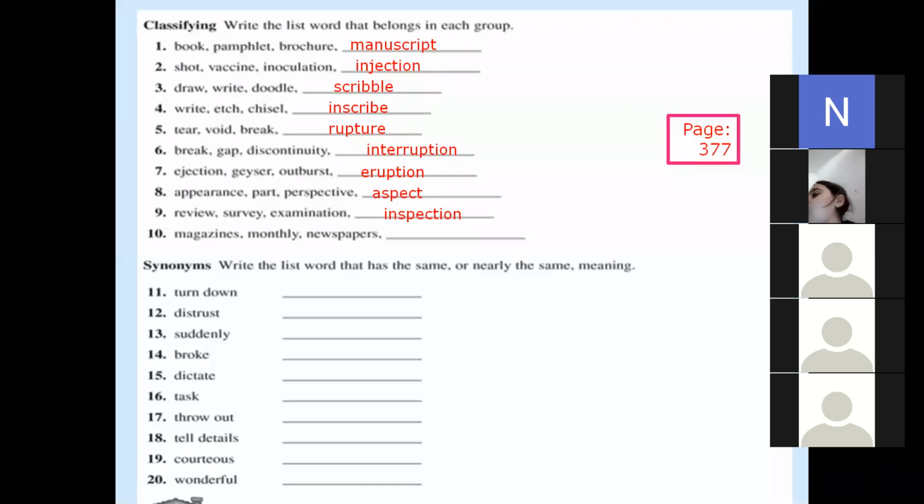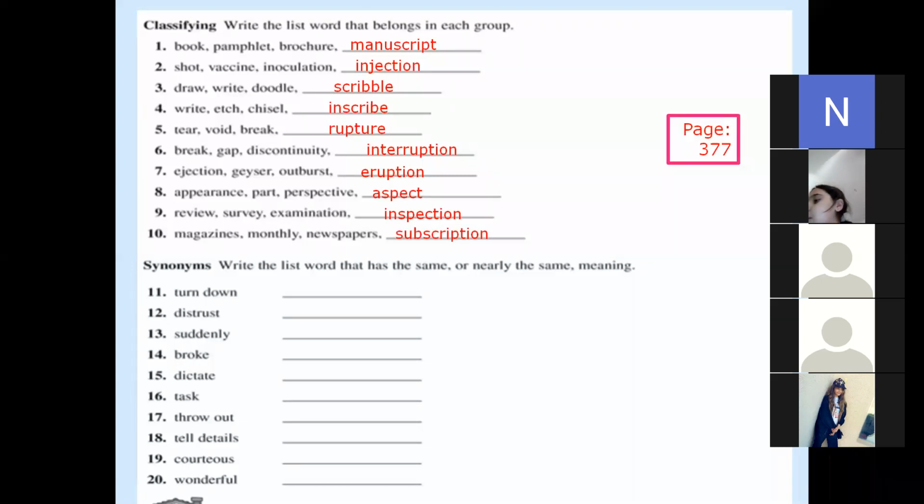Remember the example I told you, the detective, he will what? Inspect the crime scene to examine again. Now, magazine, monthly. Subscription. Excellent.